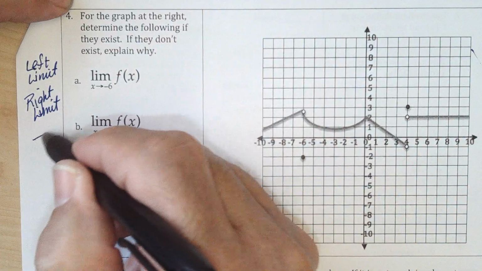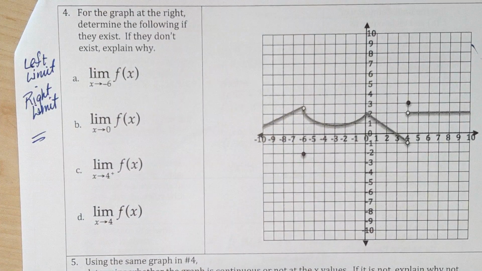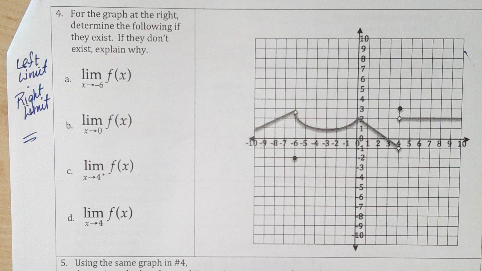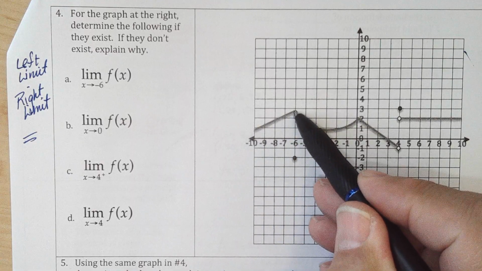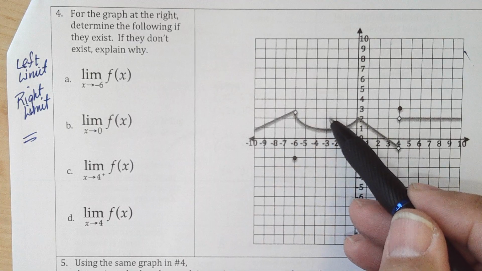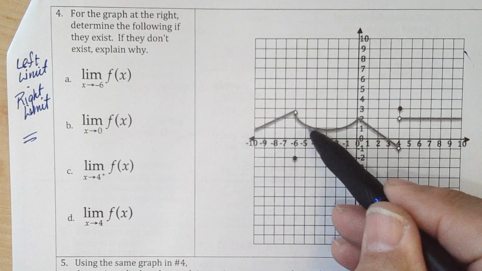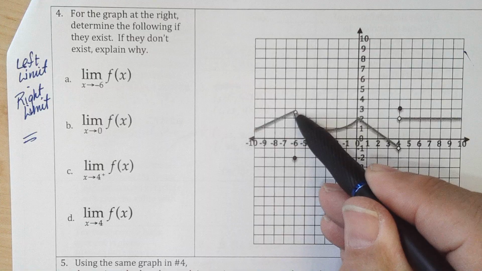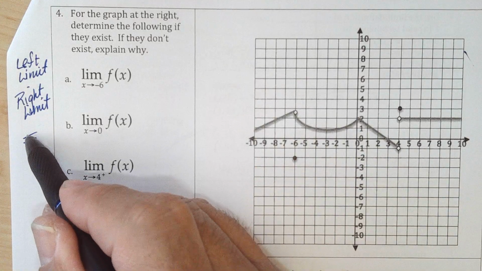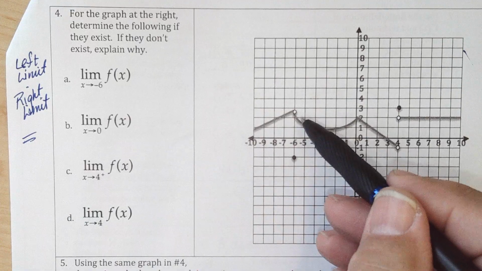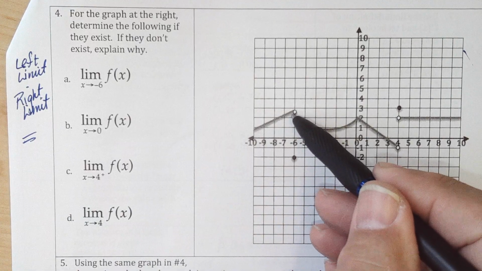And they've got to be equal. At -6, coming from the left, it looks like it's headed to about 2.5. Coming from the right, it looks like it's headed to about 2.5. So, are they equal? I would say looks pretty darn equal.